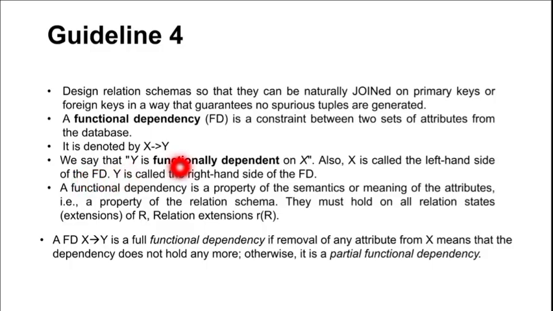We say that Y is functionally dependent on X. Also, X is called the left hand side of the functional dependency, Y is called the right hand side of the functional dependency. X is on the left hand side, Y is on the right hand side. I will take the example, don't worry.